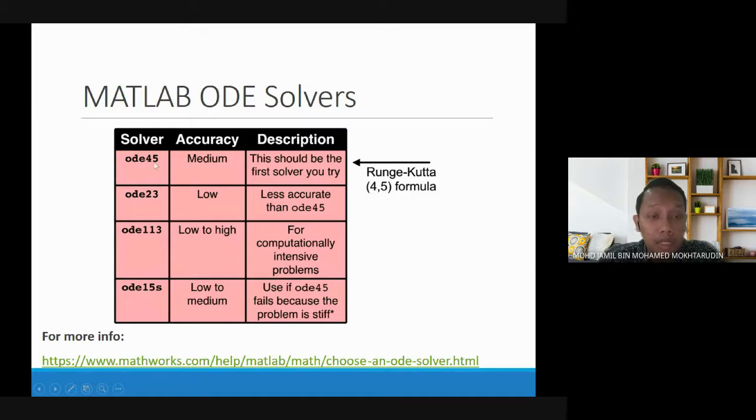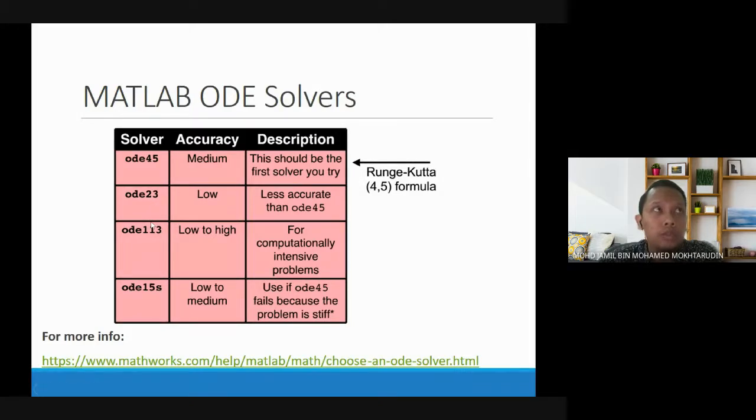There are many more ODE solvers in Matlab: you have ODE45, ODE23, ODE113. All of them have a specific functionality. For example, if you cannot use 15s, you can try 45 or 23 and so on.